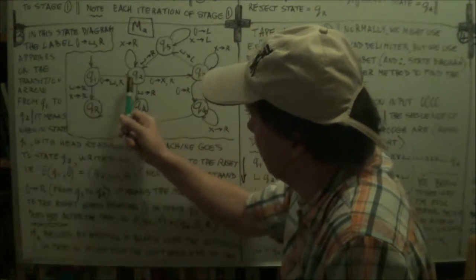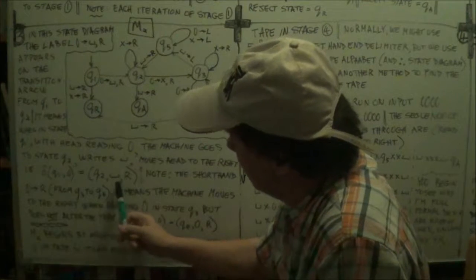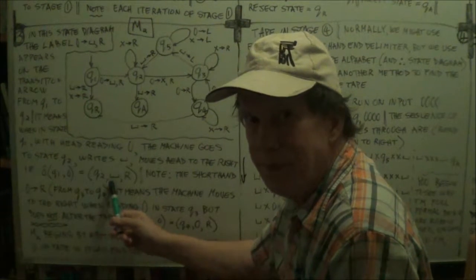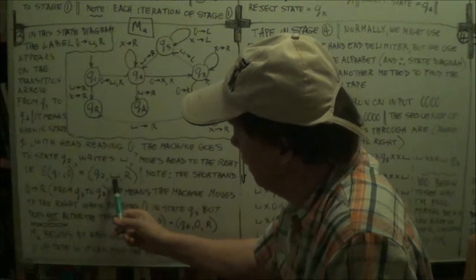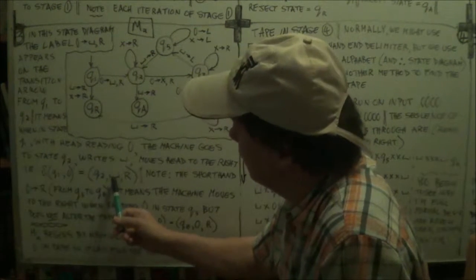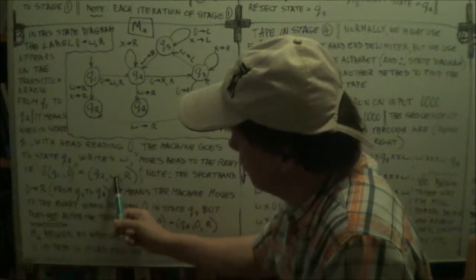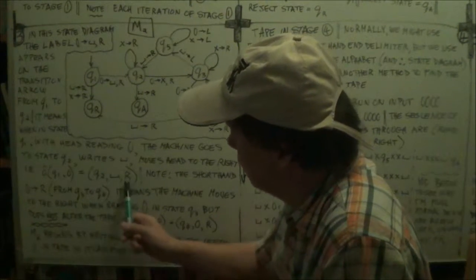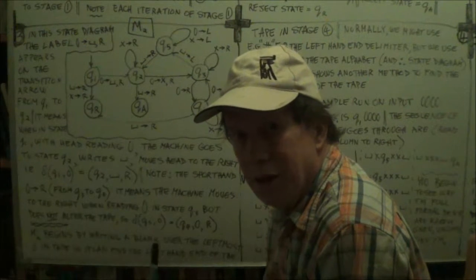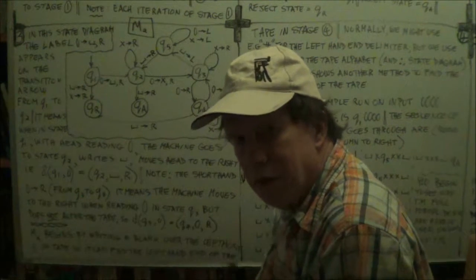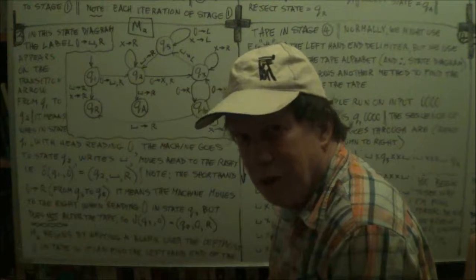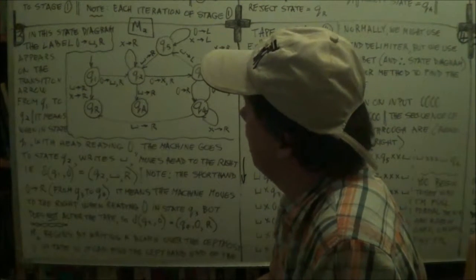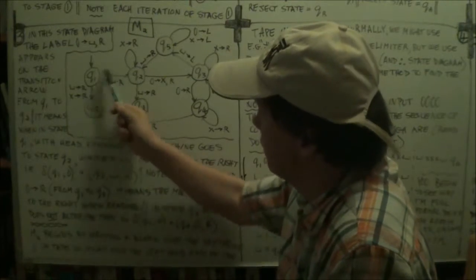This tells you what to write at the current square on the tape, so you write blank. What was 0 gets overwritten by blank. And then move 1 square to the right on your tape. You move the head 1 square to the right. Okay, so that's what's going on here.